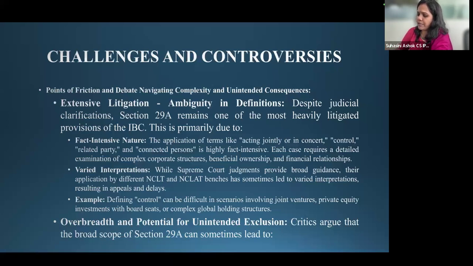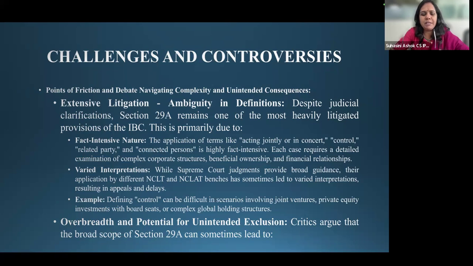These are important case laws where the Supreme Court has dwelled in detail on Section 29A, and they have given the main principles on which Section 29A can be applied.